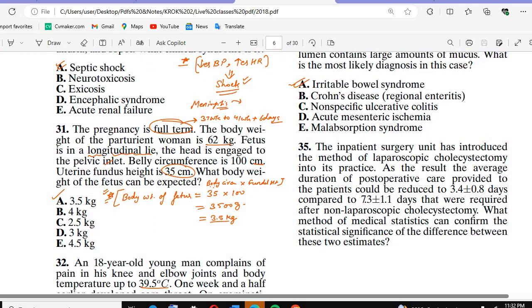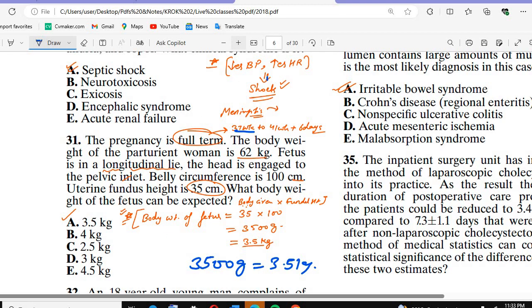So what you have is the belly circumference multiplied by the fundal height. This is for the normal full term baby, 37 weeks to 41 weeks plus 6 days, and we will have the body weight. So how will we calculate the body weight of the fetus? That is the belly circumference multiplied by the fundal height. So here we have 35 multiplied by the belly circumference, which is 100. It will be around 3500 grams, and in kg, that is 3.5 kg.